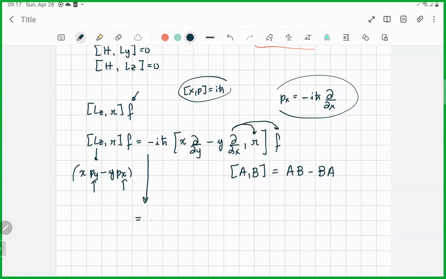Okay, so if you do that, we'll have minus i h bar, and then comes x with that derivative of r and f in y. And then y, and then the derivative in x of r and f. So this was this first part of the commutator. But now let's go for the inverted order.